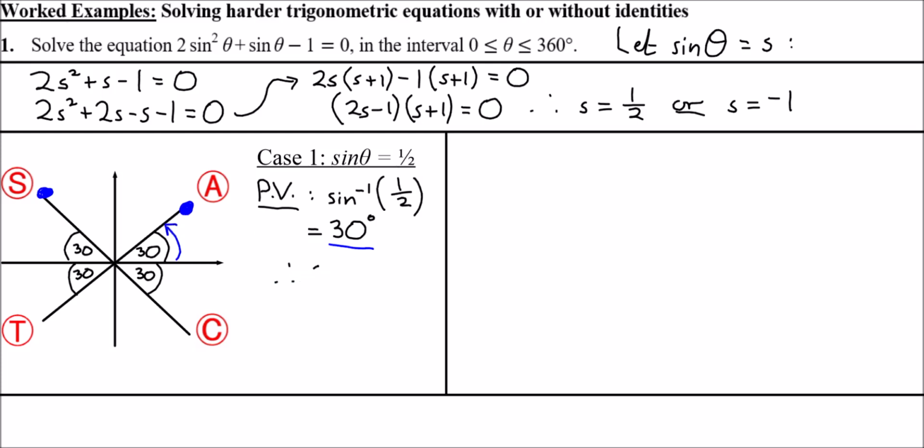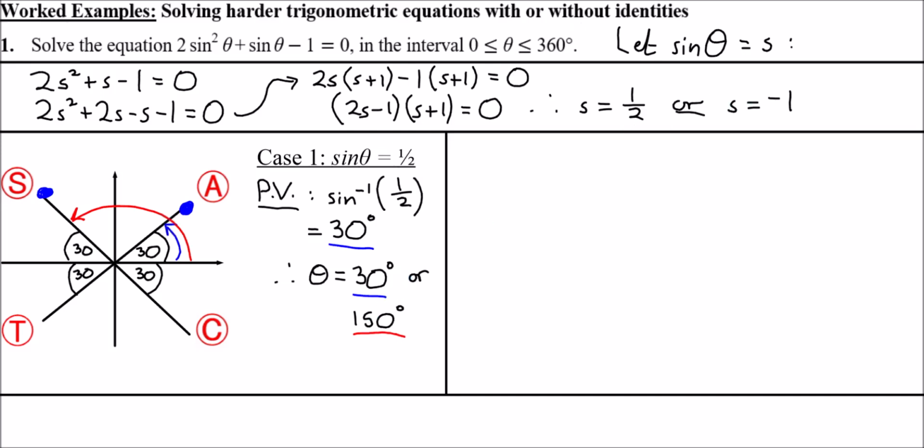So we can have theta equaling 30 degrees, or as well, what we could have is theta over here. Now this angle here is 180 minus 30. This one's 150 degrees. So we can have theta being 30 or 150.